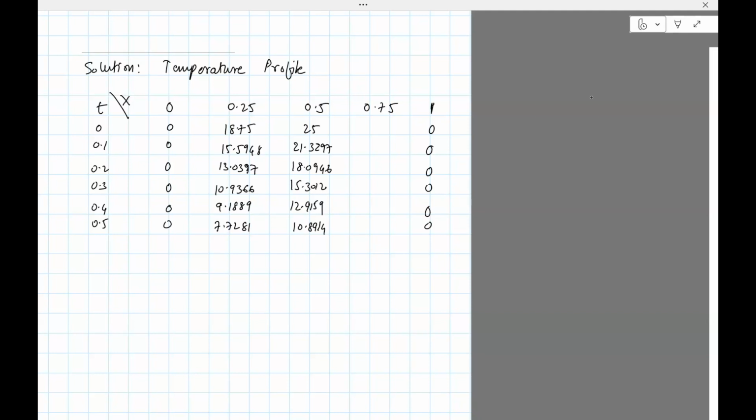Turns out that 0.75 is symmetric, so it'll be the same as the other column. 948, 397, 9366, 9.1889, 7.7.